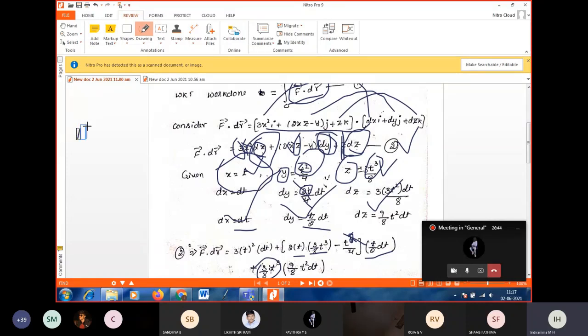What is vector f dot dr you got? Vector f dot dr is equal to, simplify, 3t square dt. Correct?